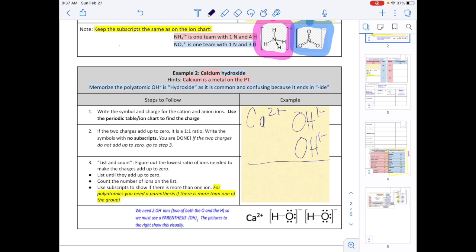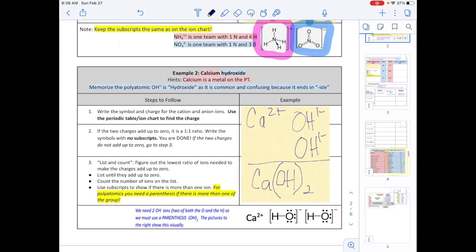So now I'm going to show in the formula that I need 1 Ca. So to do that, we just leave it with no subscript. But for the OH, I need to show that I need 2 OHs. So I'm going to write OH, but then I'm going to put a parenthesis around that team and put a 2 below.